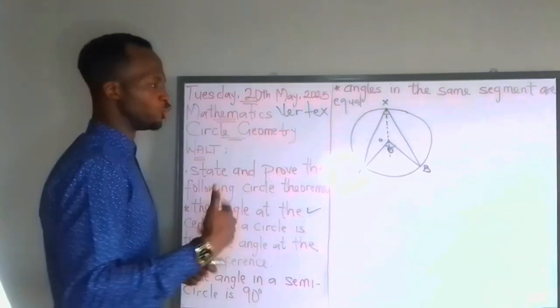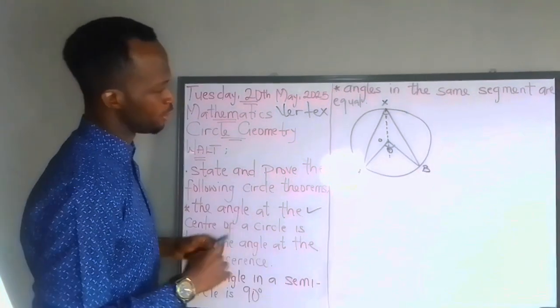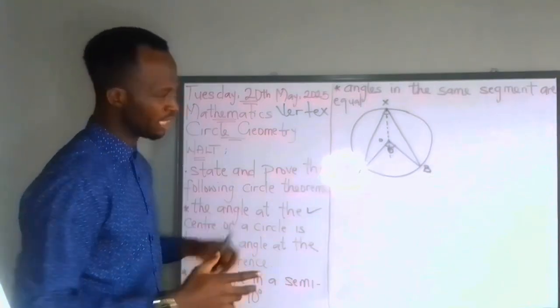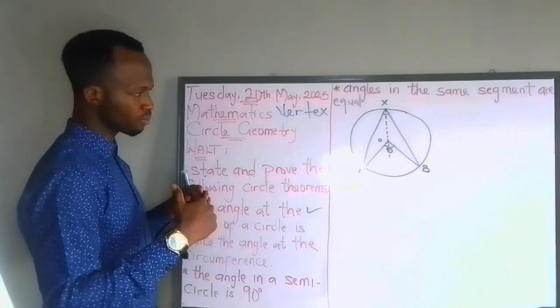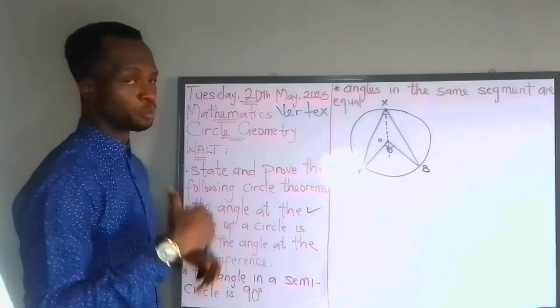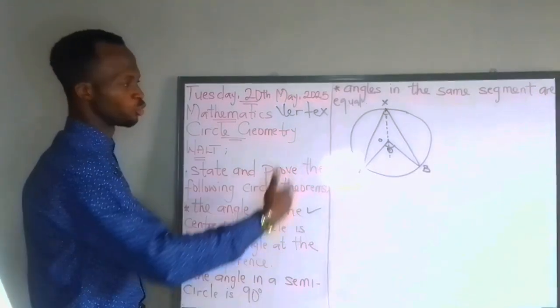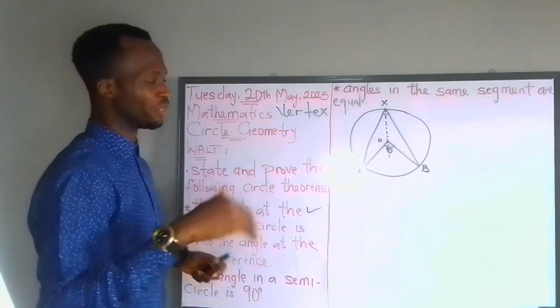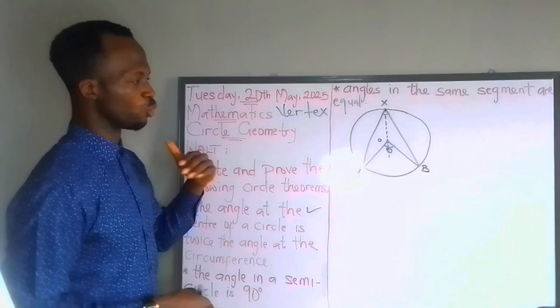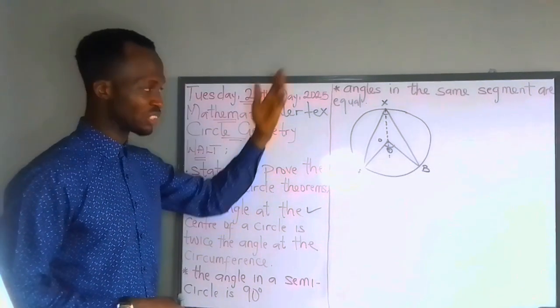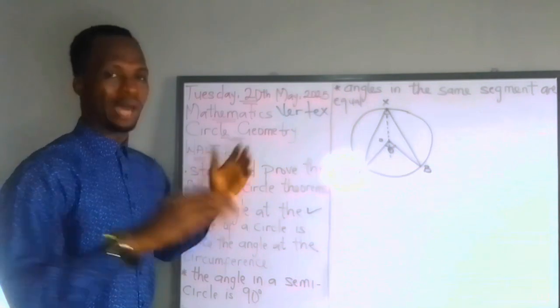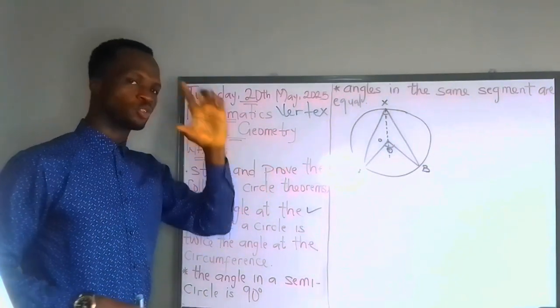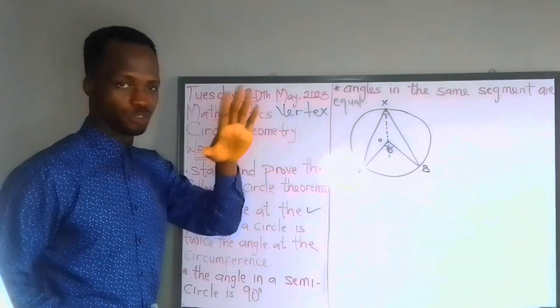Like I said, in geometry you are at liberty to extend, to reproduce or even to produce. So what I've done here is to draw a line. As long as whatever you are doing helps you to explain and understand better, you are allowed to draw, and as long as you also obey the rules of geometry.